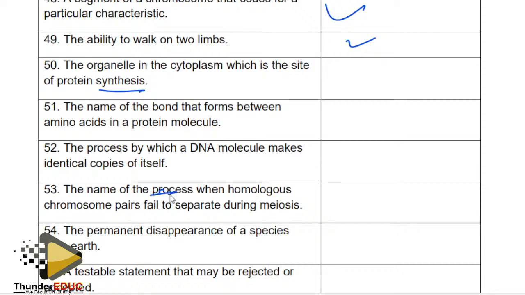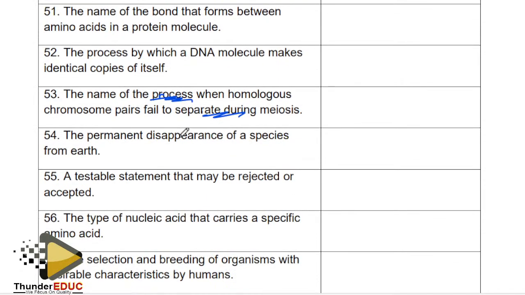They're saying the process is non-disjunction, failing to separate during meiosis, but which phase? It is anaphase. So we call it non-disjunction. Permanent disappearance of species from the earth is extinction.